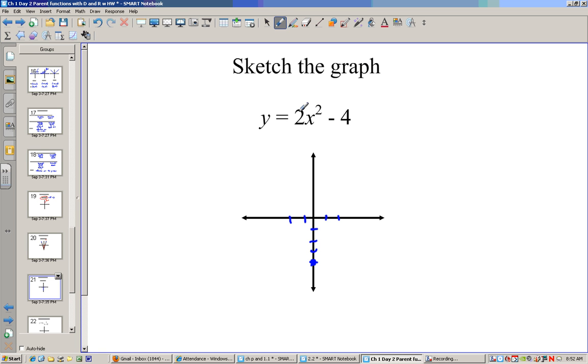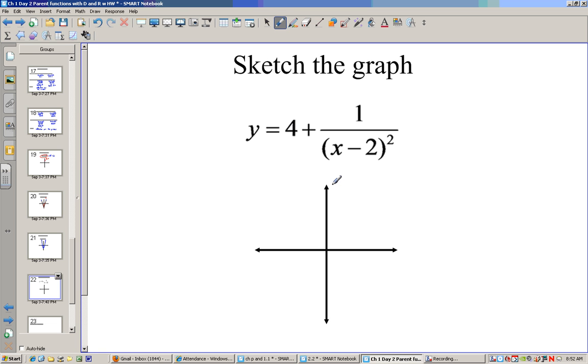Now, if I double that, if I go 1 to the right, I'm going up 2. If I go 2 to the right, instead of going up 4, I'm going to go up 8. So 1, 2, 3, 4, 5, 6, 7, 8. And so this is going to be a parabola that's just stretched out vertically.